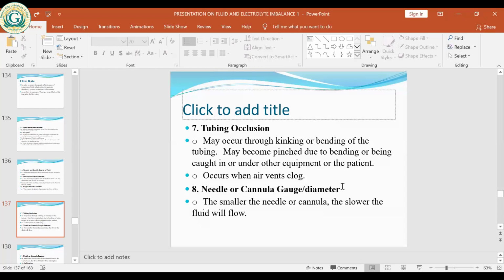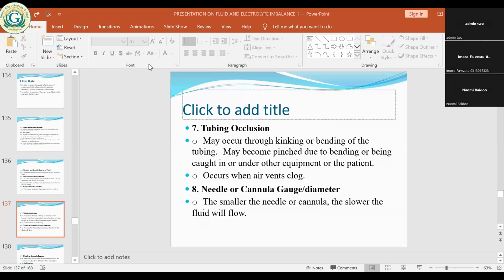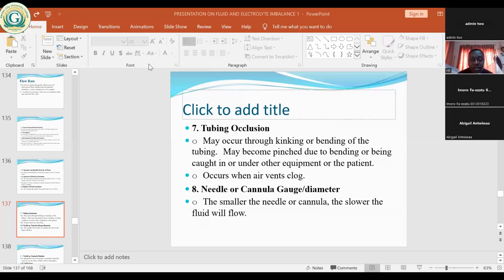So the smallest one is which color? Purple, fantastic. We have the purple, which is the smallest, and it goes like that.